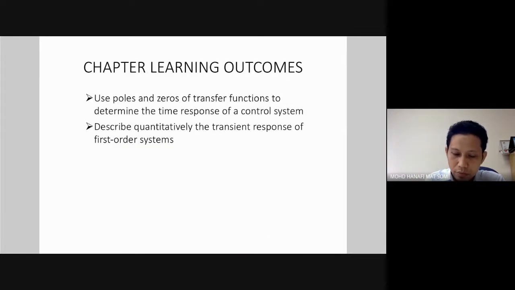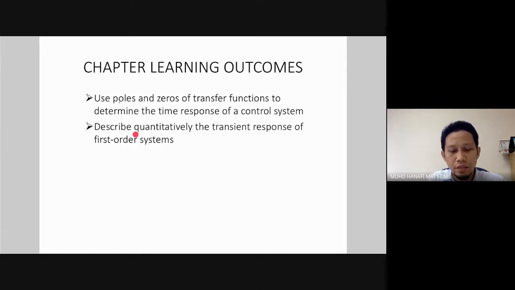Next one. These are the chapter learning outcomes. What you will learn in this topic is how to determine poles and zeros from the transfer function, and from these poles and zeros you are able to determine the time response of the control systems.